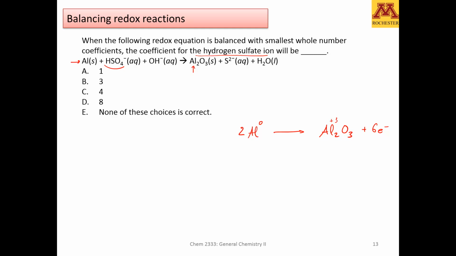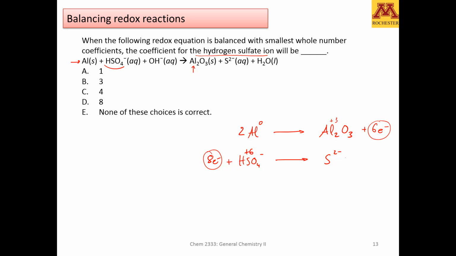Now let's see the reduction. That should be our hydrogen sulfate. If you remember, sulfuric acid or sulfate has a +6 and it goes to sulfur 2 negative. From +6 to 2 negative, you need to provide 8 electrons. As you will know, to balance this, you need to come up with the least common denominator out of these.